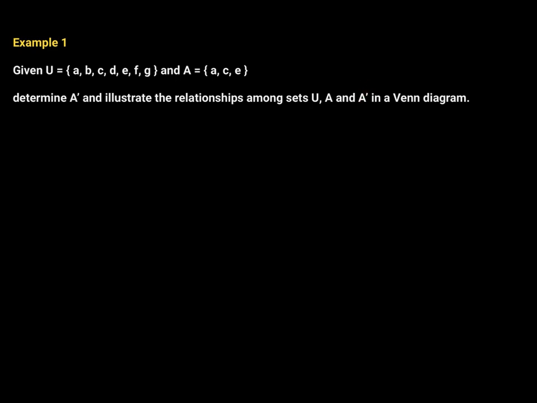First of all, the complement of set A is the set of all the elements that are in the universal set but are not in set A. That means the complement of set A is going to be B, D, F, and G. These are the four elements that are in the universal set that are not in set A.